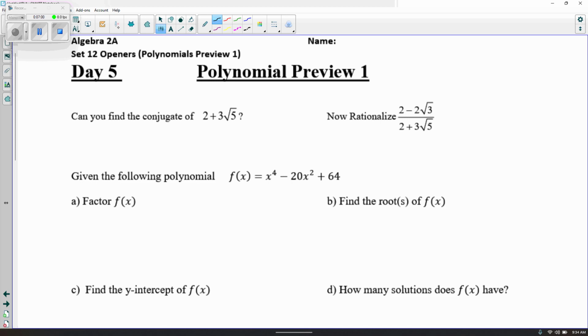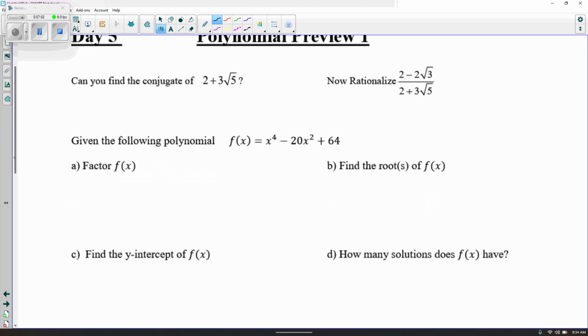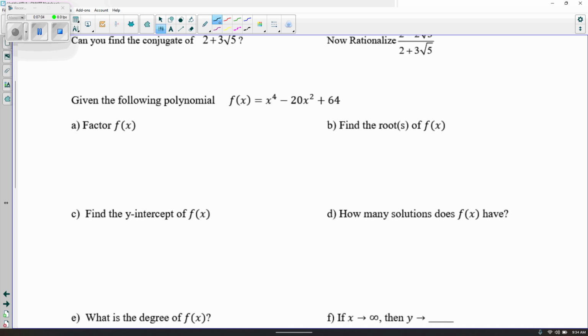All right, now, looking at the next one here, as Mary Beth said that we need to factor this, and she found her two factors to be x squared minus 4 and x squared minus 16. She took 64, 1 times 64. She wrote down 2 times 32. 3, she was looking to see 3 did not go into it, but 4 did, and she found it to be 16, and she stopped there because she saw that to be what?